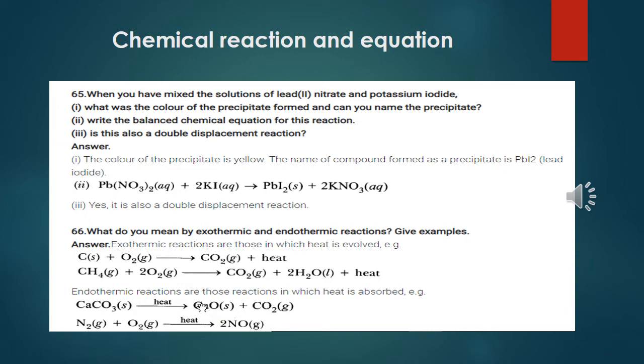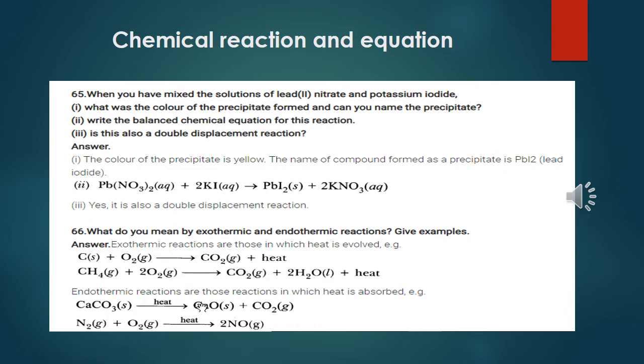Next question is, what do you mean by exothermic and endothermic reaction? Give examples. We have learned that any reaction where heat is evolved is called an exothermic reaction, and any reaction where heat is absorbed is called an endothermic reaction. An example of an exothermic reaction: carbon burns to form carbon dioxide along with heat.